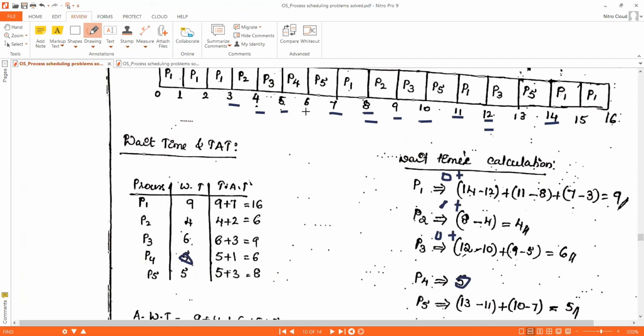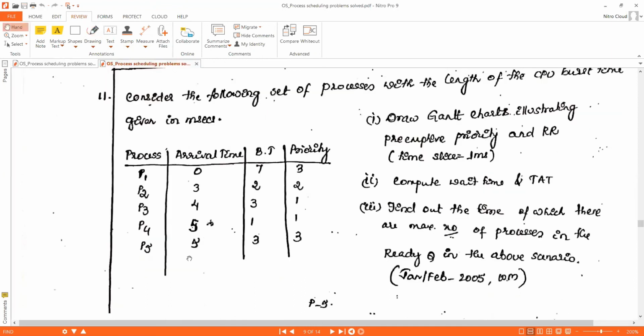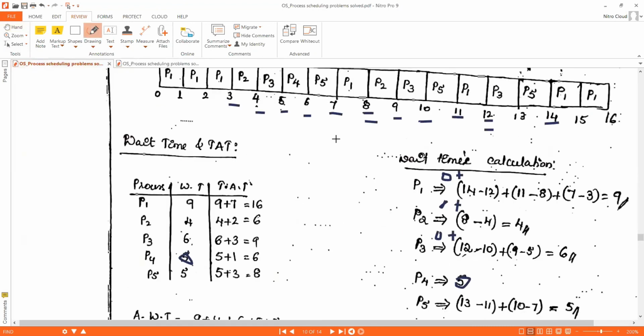Next, process 5. Process 5's allotted time is 6 milliseconds minus its arrival time. Process 5's arrival time is 5 milliseconds. That is 6 minus 5, that is 1 millisecond. Plus, what is the last allotted time for process 5?